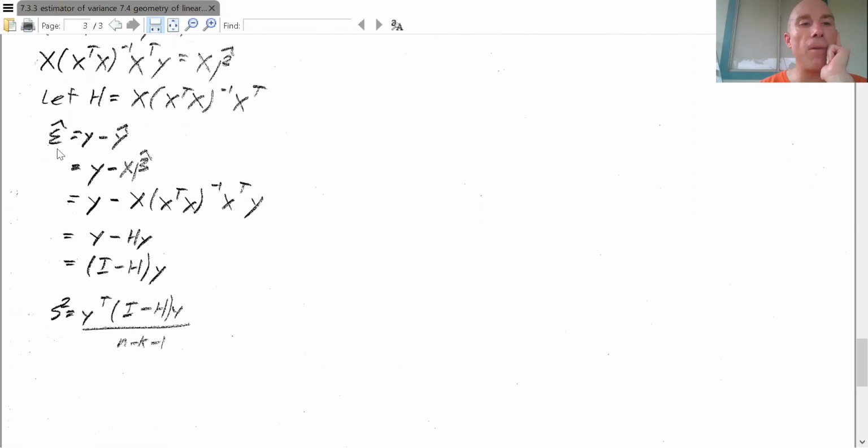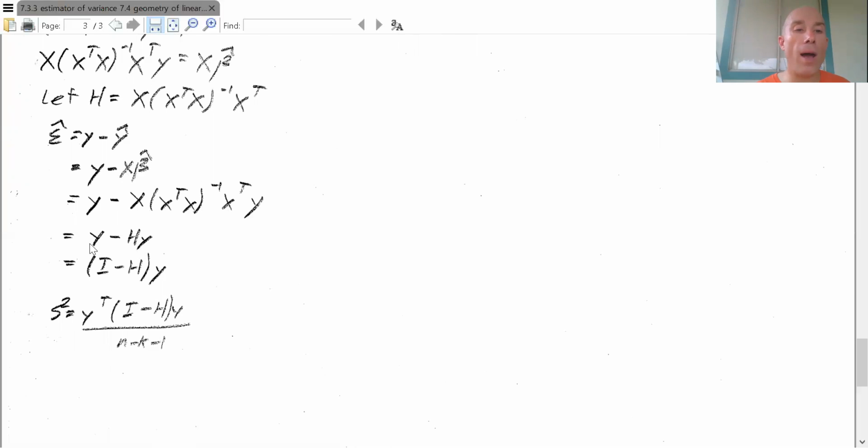Now, remember that epsilon hat is y minus y hat, which is the same as y minus x times beta hat. So our observed residuals are y minus x times beta hat. Let's replace x times beta hat with this business here, which is in fact y minus h times y.